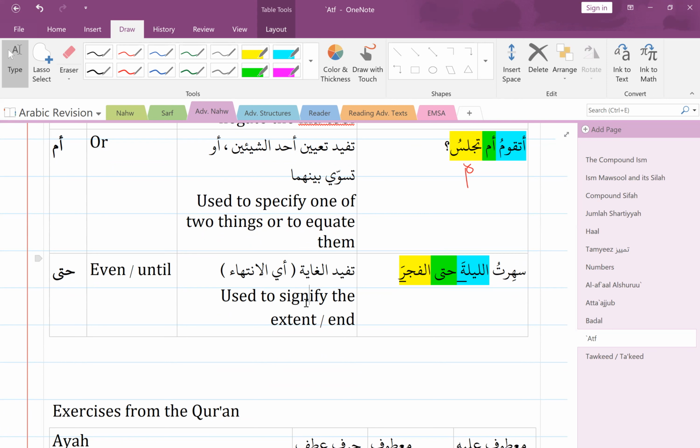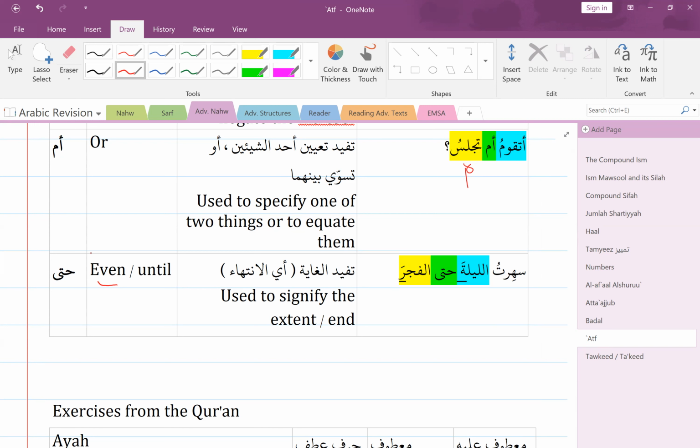For example, if I said سهرت الليلة حتى الفجر, I stayed up all night until al-fajr, or even the morning part. Sometimes it can be translated as even, including the morning part.